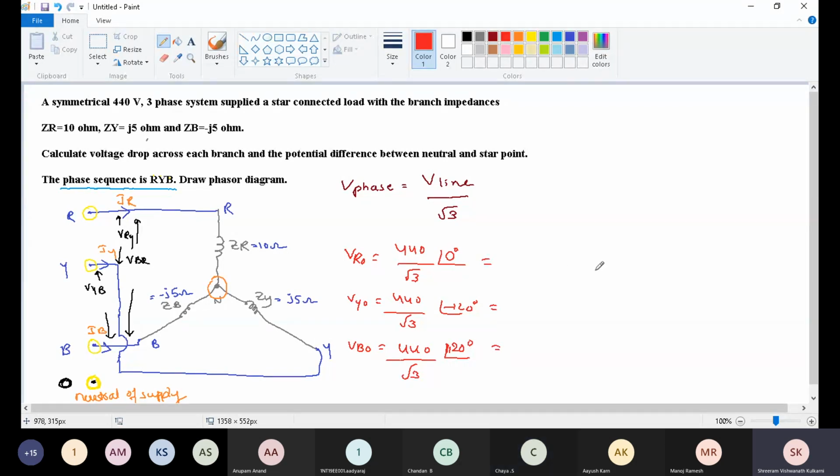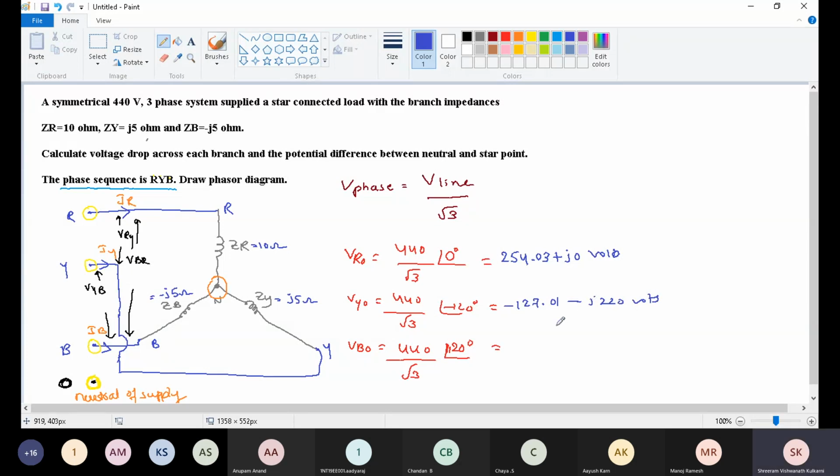First one is 254.03 volts at 0 degree. Next, VY0 I'll get as minus 127.01 minus j220 volts.